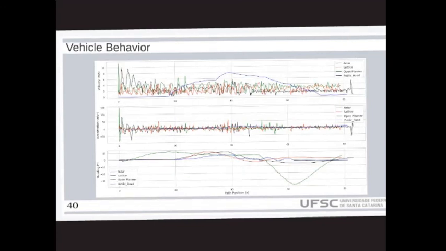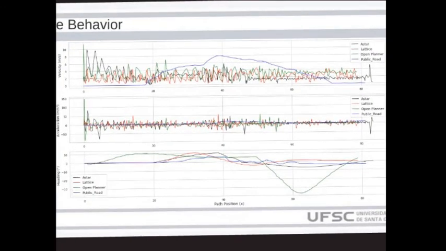Okay, so let's go to the vehicle behavior. Here is the chart that represents the velocity profile, the acceleration and heading. As we see, the public road has developed a bigger velocity, in blue.